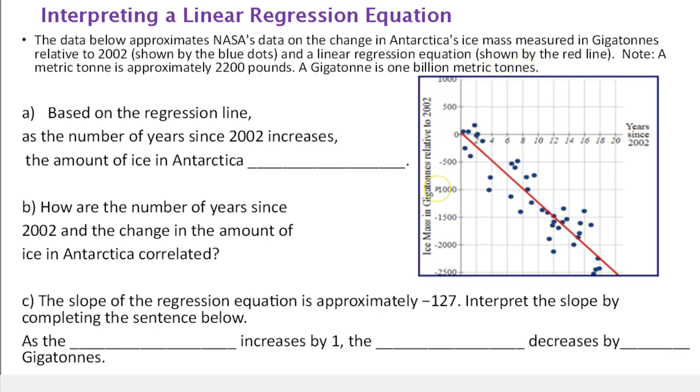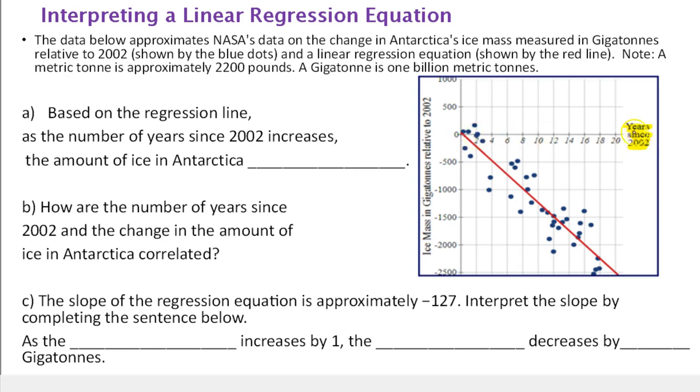So here's our graph. So let's note some important features. First, we have years since 2002 for our horizontal axis. So notice we start at 0. So 0 represents 2002, 2004, 2006, 2008, etc. So in general, we're doing this relative to 2002, but we don't want to start way out at 2002 on this axis.